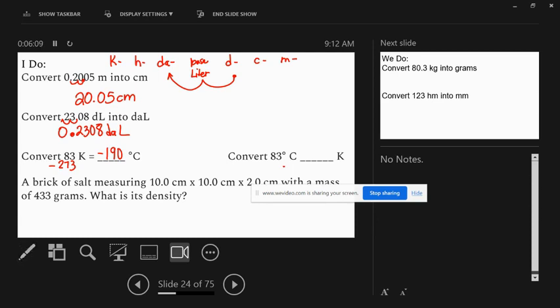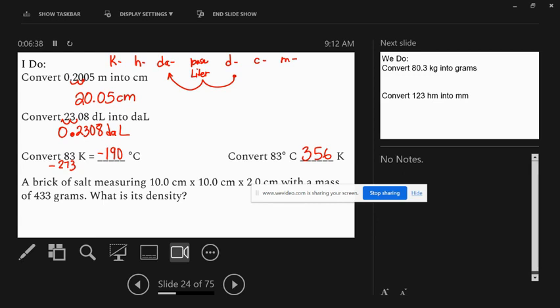Add 273. All right, so I ended up with 356. And again, notice that I did not get a negative value there, and I also didn't put a degree sign for my Kelvin. Pretty good? All right.